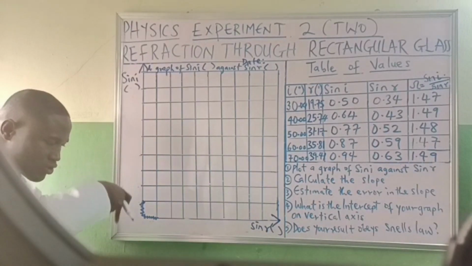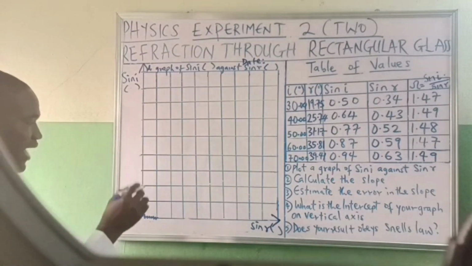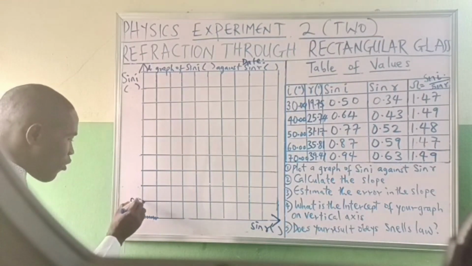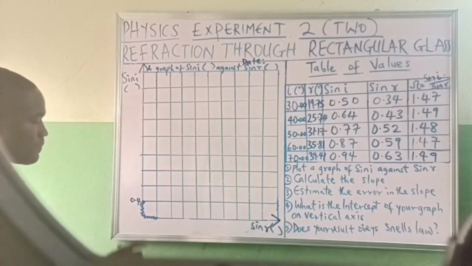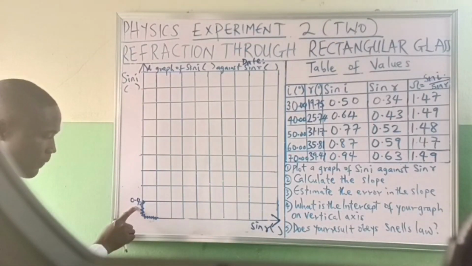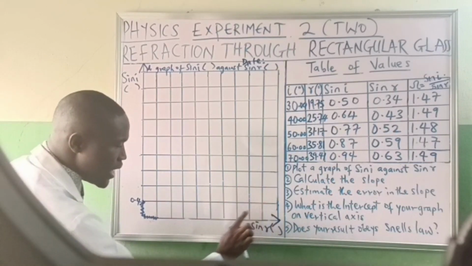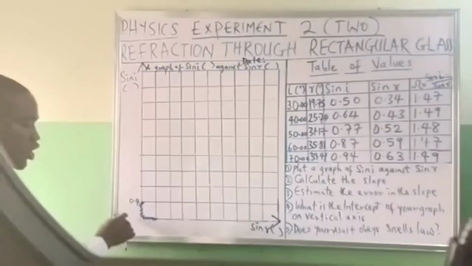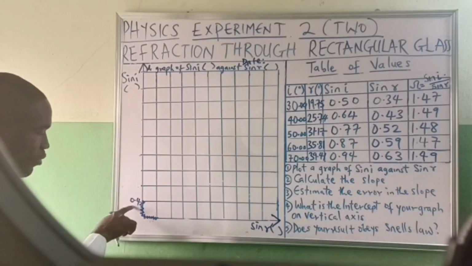It means that 0, 0 is applied. The rule of 0, 0 is applied. But I decided to start from 0.4, which is the closest number to this, such that when I use 0.4, it could make small space to be empty instead of starting 0, 0, and I will leave a big space in the graph. I'll start 0.4.